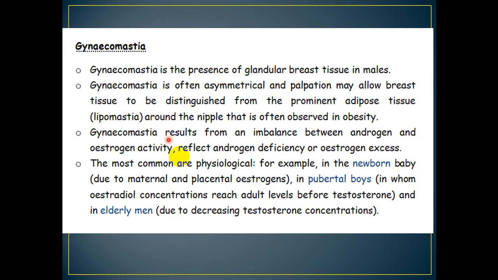The most common causes of gynecomastia are physiological. For example, newborn babies have gynecomastia due to high maternal and placental estrogen levels, so exogenous estrogen from the mom. Prepubertal boys also could have gynecomastia because estrogen reaches its full level before testosterone.